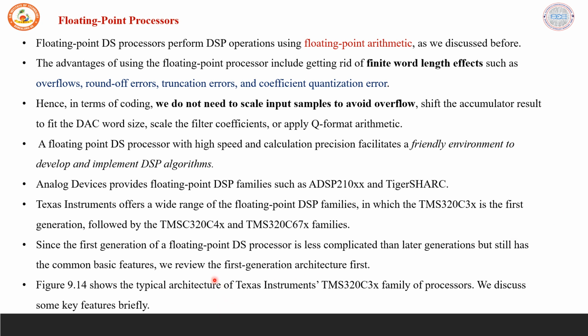Next, we speak about the floating point digital signal processor. Floating point digital signal processors perform DSP operations using floating point arithmetic, which has been discussed. The advantage of using the floating point processor is getting rid of finite word length effects such as overflow, round-off errors, truncation errors, and coefficient quantization errors.